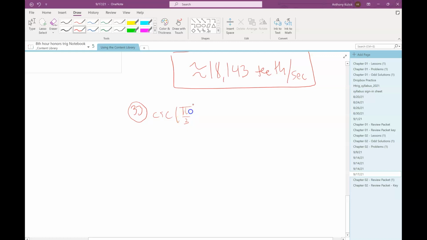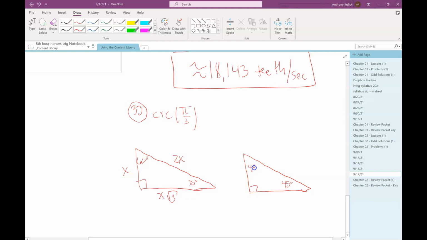So at this point, if we're looking for an exact value without a calculator, we're going to need to use either the 30, 60, 90 or 45, 45, 90 triangles. So I remember from my geometry class that these are the ratios for the 30, 60, 90 and 45, 45, 90 triangles.